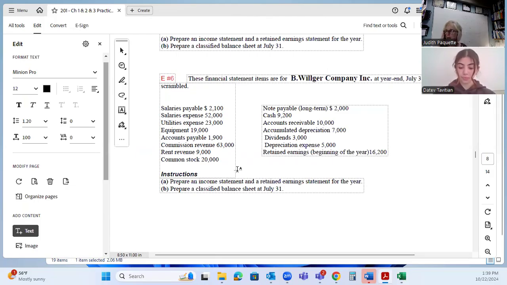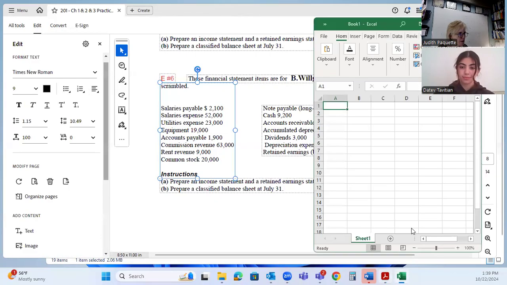Are they an asset, liability, stockholders' equity, revenue and expense, or a dividend? Okay, so let me go on to my Excel sheet, and I'll tell you where this is all going.